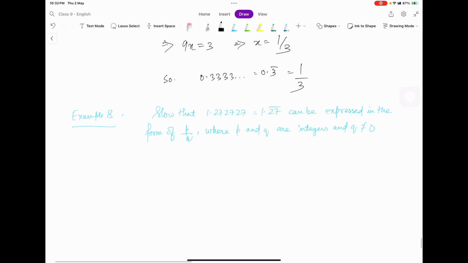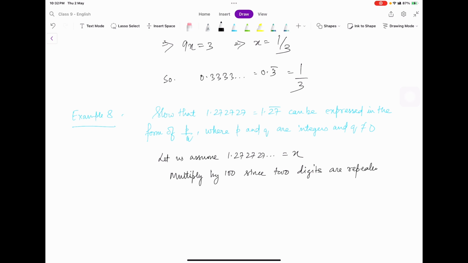See, same thing. Let us assume this repeating number 1.2727 and so on equals x. Since two digits are repeating, multiply by 100. So 100x equals 127.2727 and so on.